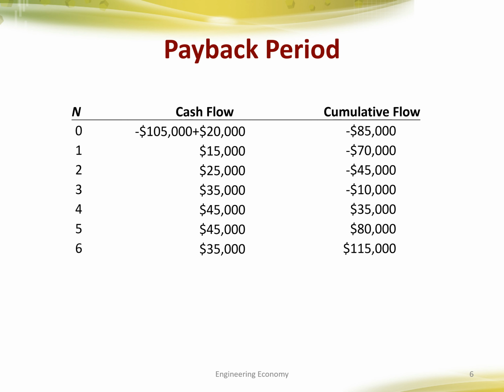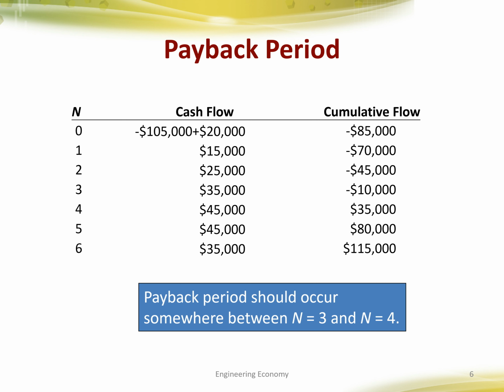You can also say it's 4 years, because in less than 4 years we have already recovered it, but it has to be more than 3 years. So that's the situation. The payback period is somewhere between the third year and the fourth year, and the cash flow beyond that will not be considered.